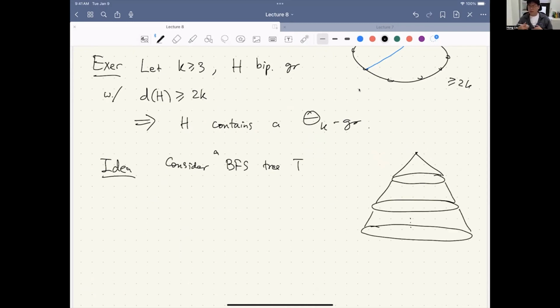Let's say at the end, you exhaust all the vertices, looking something like this. The idea is that between any of the first k layers, pairs of layers.